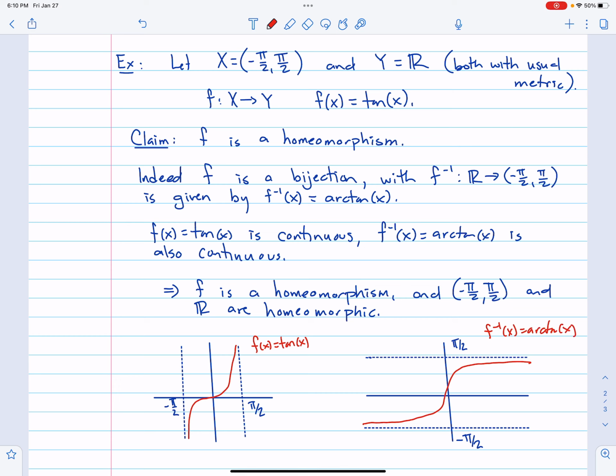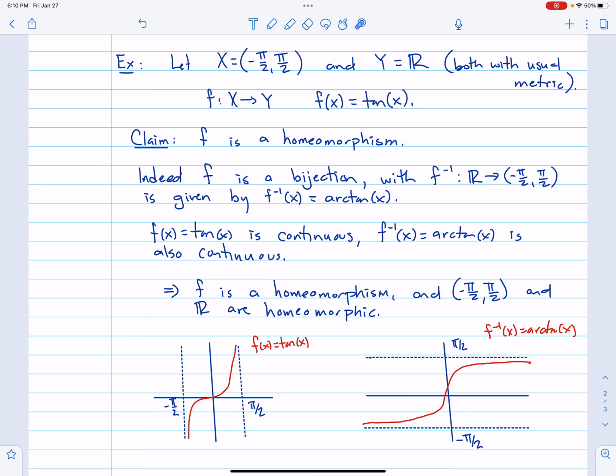All right, and so the way I think about it is that f takes this interval and essentially just stretches it so that it spans all of the real numbers. Okay, so you're taking this open interval of finite length and stretching it out so that it covers the entire real numbers in the y direction.